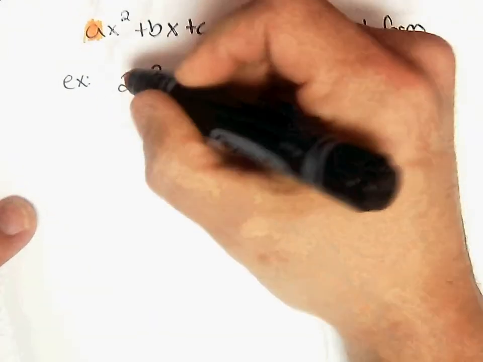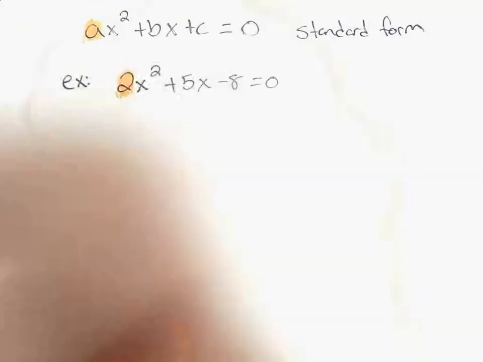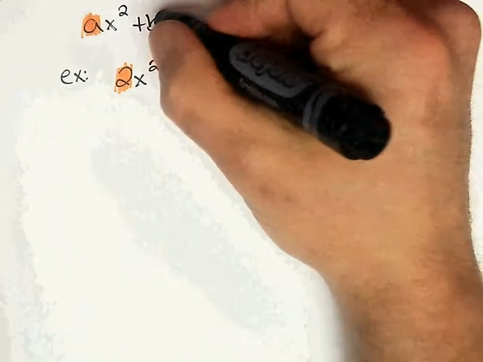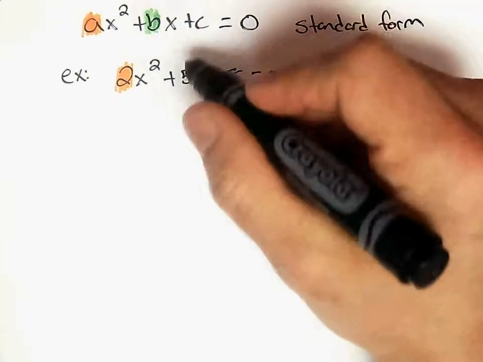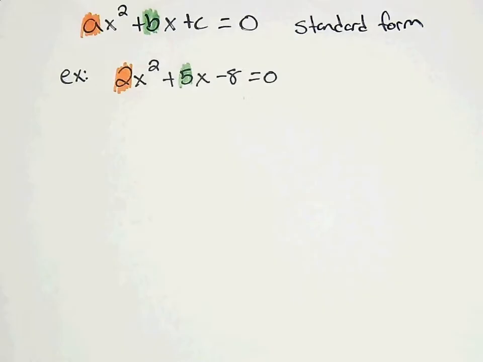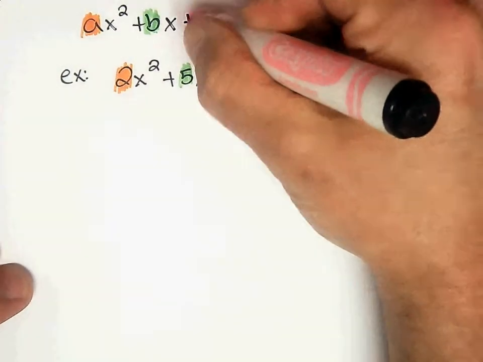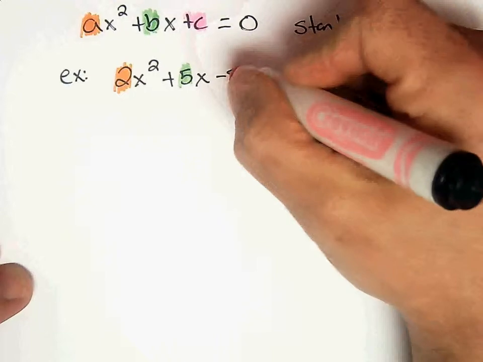In this case, a would equal 2. The number in front of your x is your b. So in this case, b would equal 5. And then finally, the number that has no variable on it, we call that your constant. Your constant c is -8.